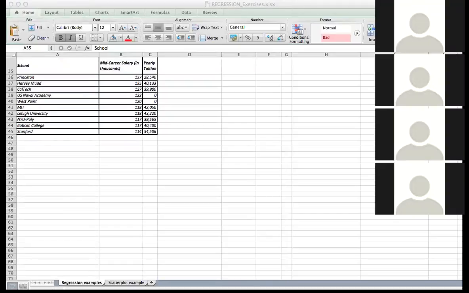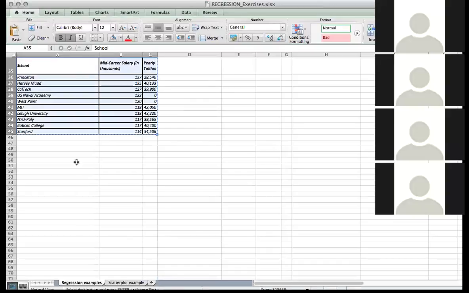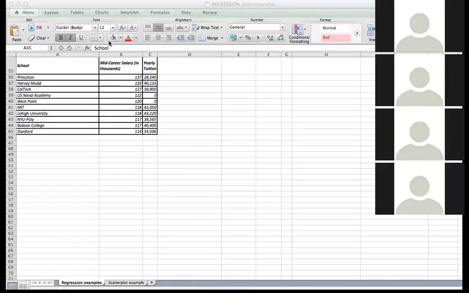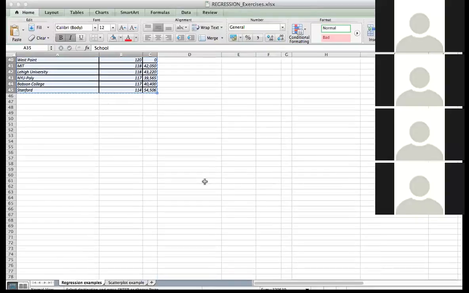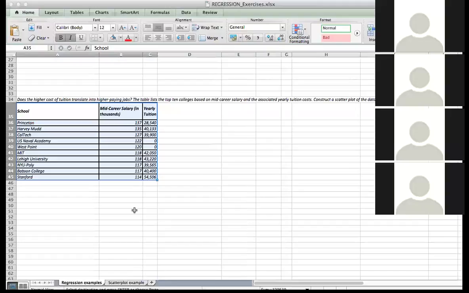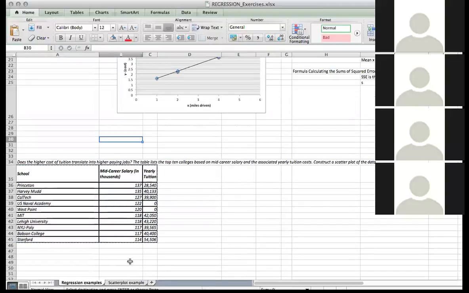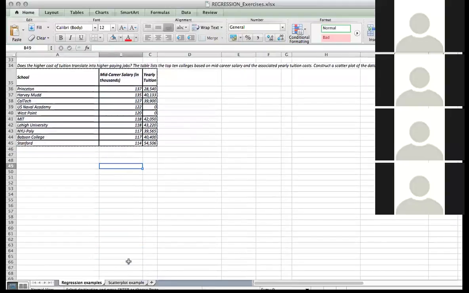So the first thing you would do is create a scatter plot. We would want to know what kind of relationship there is between those numbers. In order to create a scatter plot, we highlight a cell down here.